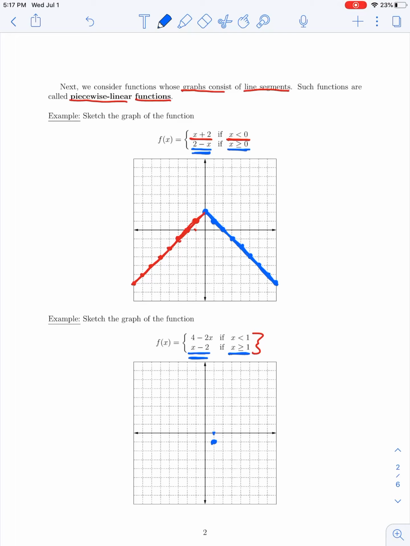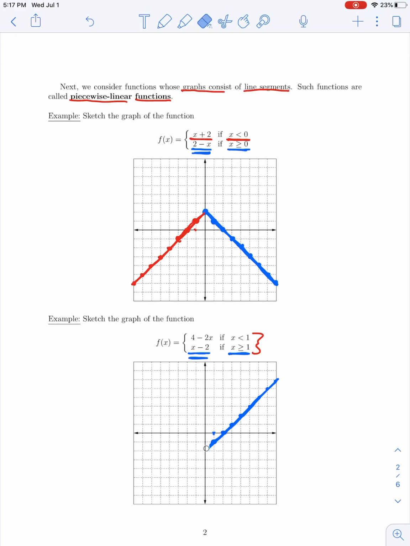So that would be a line with y-intercept -2 and slope 1. So we can obtain the graph of that part of the function where x is greater than or equal to 1.